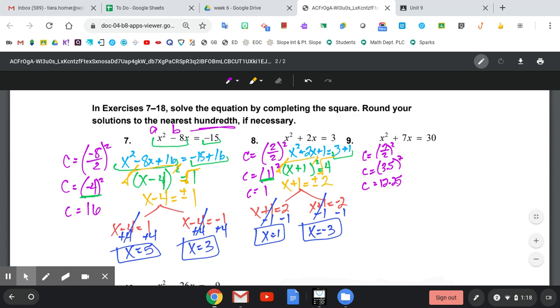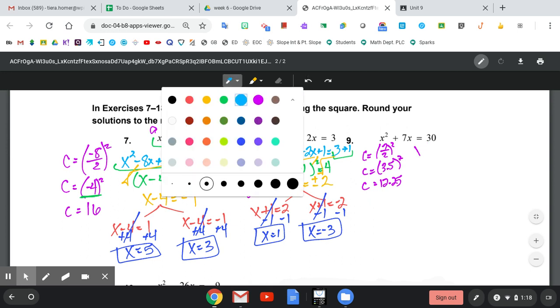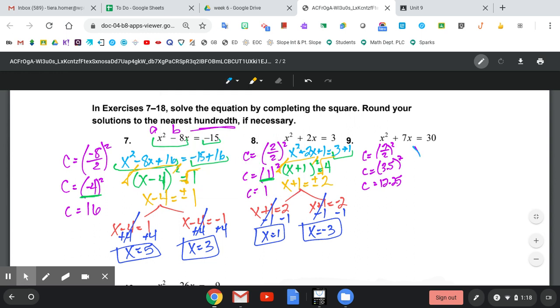So my new equation is going to be x squared plus 7x plus my c value, 12.25, equals 30 plus 12.25. We have to add that c to both sides.